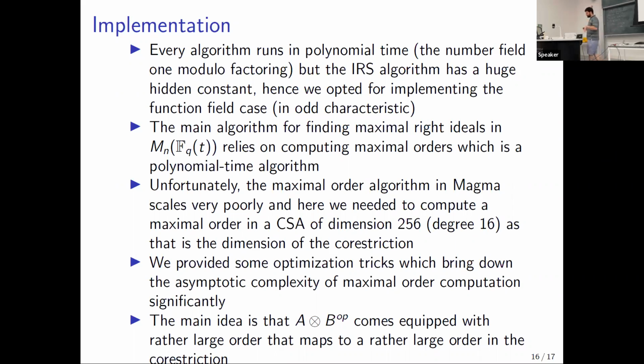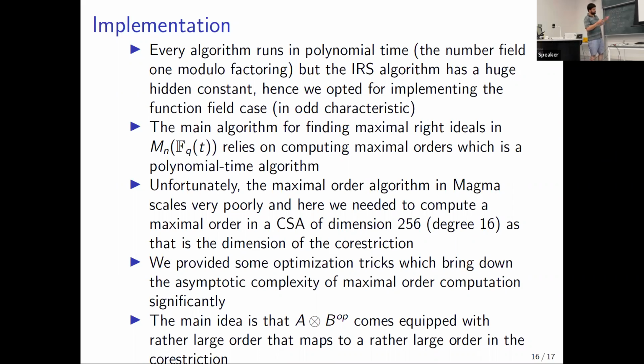There was one caveat which I would like to draw attention to the community regarding. There is one step in the algorithm which computes a maximum order in this central simple algebra. That is a well-known polynomial time algorithm. The issue is that it's polynomial time, but with a huge exponent in the input, probably like n to the 12 or something like that. So it's completely not practical, unfortunately.